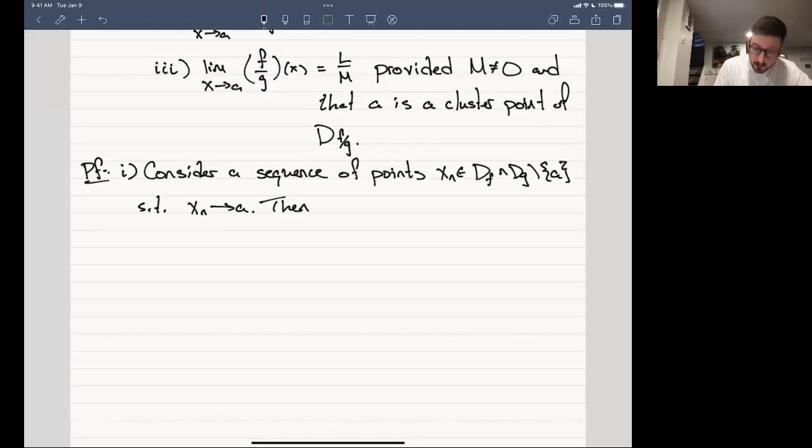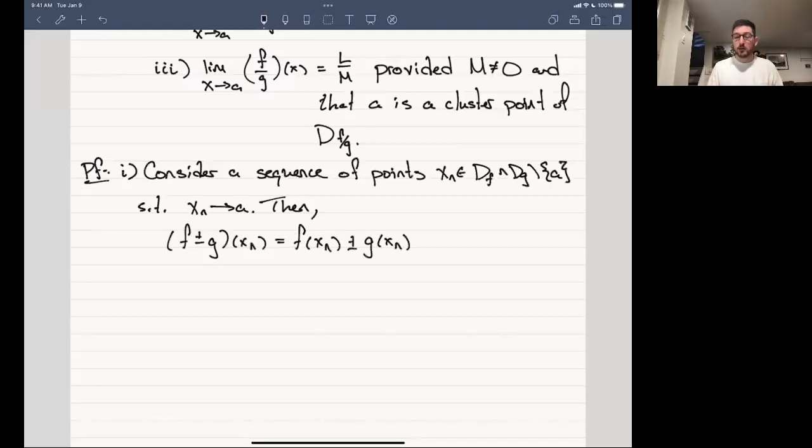Then, well, this is pretty simple because we know that f plus or minus g of xn is equal to a sequence f of xn and g of xn added or subtracted.